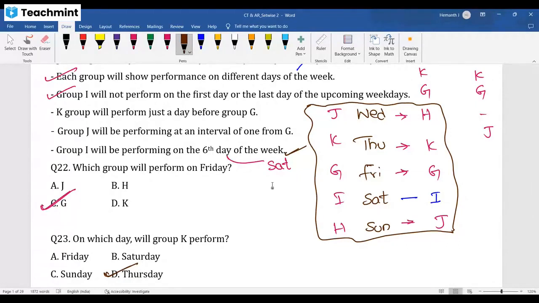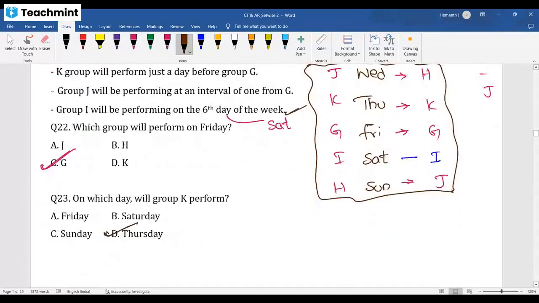K is just a day before G means is there one gap or not, that we need to consider. So J will be performing at an interval of 1 from this. I will perform on the sixth day. That's it. So there is a problem seen like this. There are two arrangements possible actually. And here the last day can be H or J. Both are there.